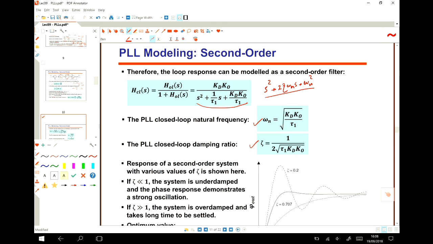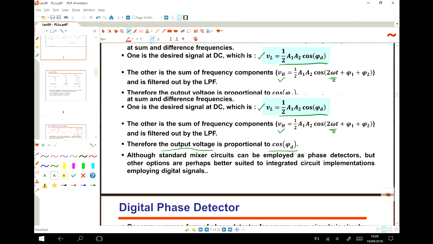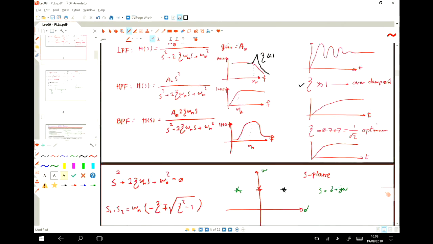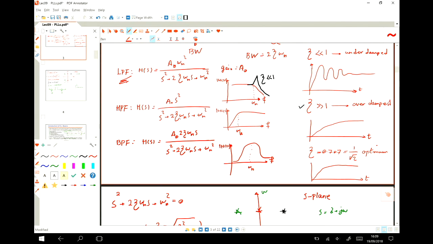What's the gain of this system? The second order system, this is a low pass filter, true? Because here is the low pass filter I just mentioned. The equation for a low pass filter is like this, and the gain is A naught.